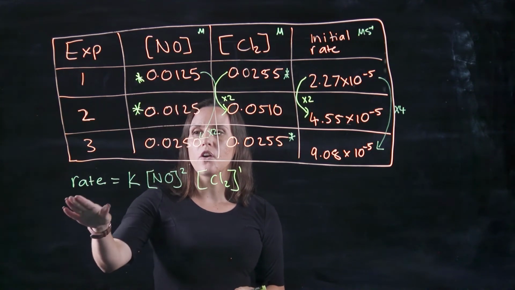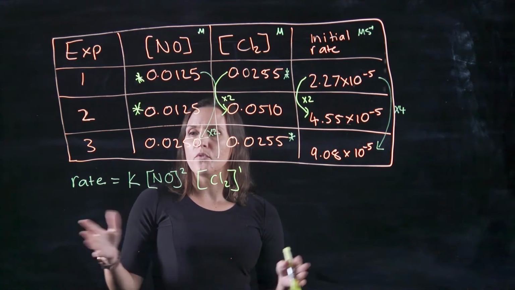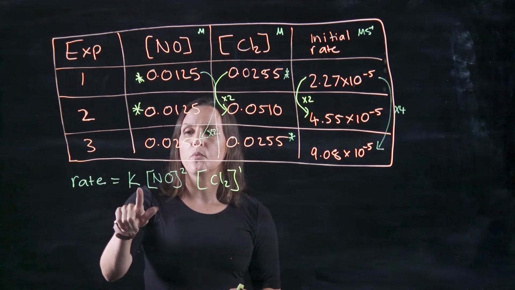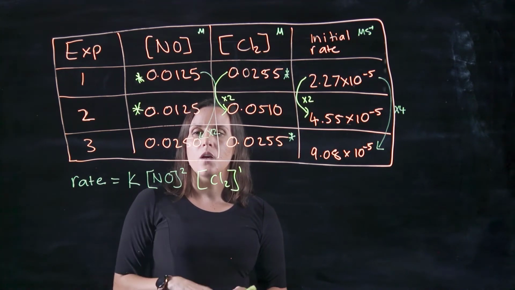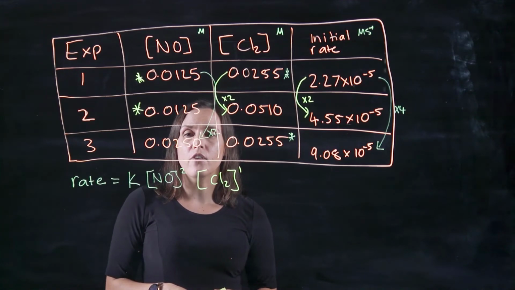So now we can go and work out the rate constant for this overall reaction. In order to do the next step, we would be working out the K. Before we do that, we can talk about the overall rate order.